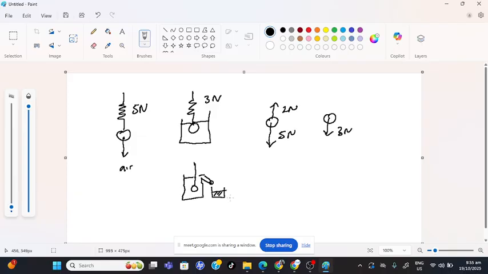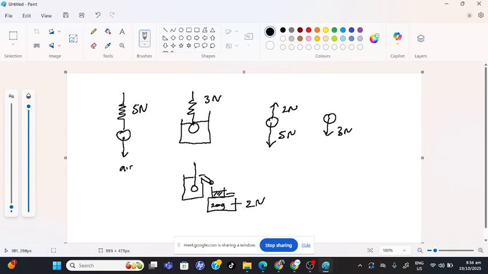If I weigh this water, for argument's sake, it would be roughly equal to 2 newtons. So that's about 200 grams.